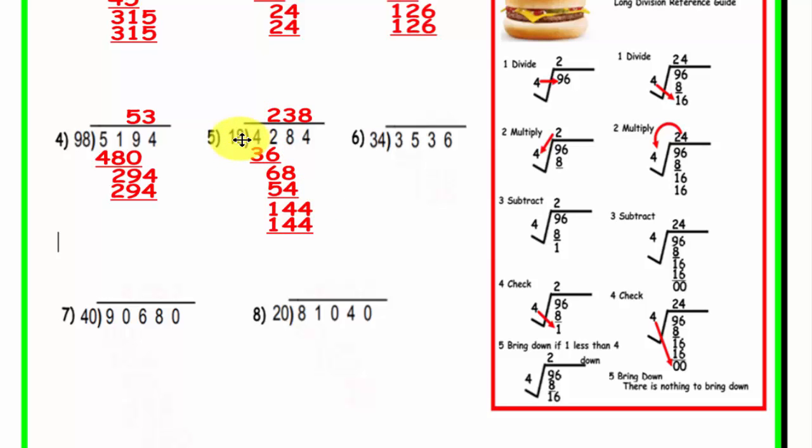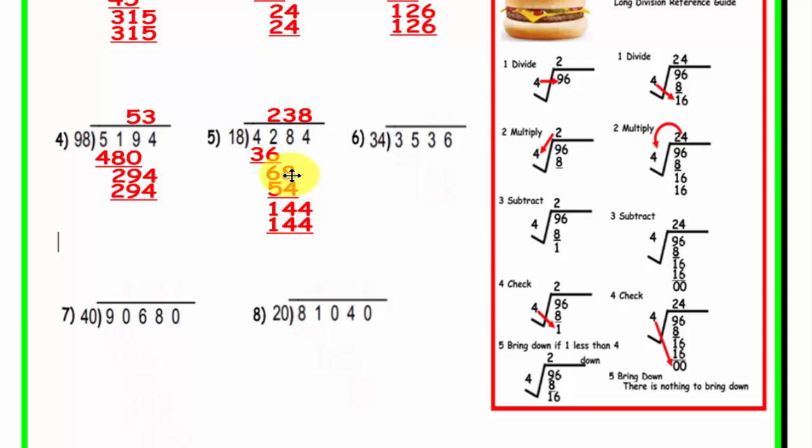18. How many times does 18 go into 42? 2 times. 2 times 18 is 36. Subtract 4 from 12, because now we borrow a 10. This is now a 12. 6 from 12 is 6. Bring down the 8. How many times does 18 go into 68? 3 times. 3 times 18 is 54.